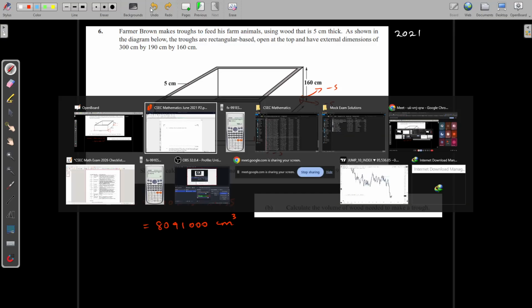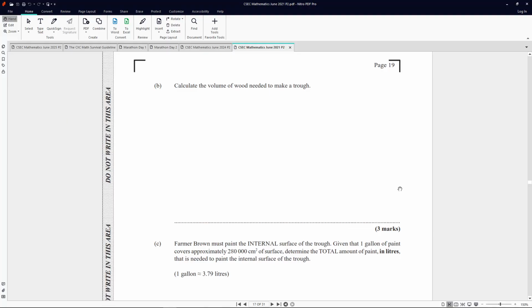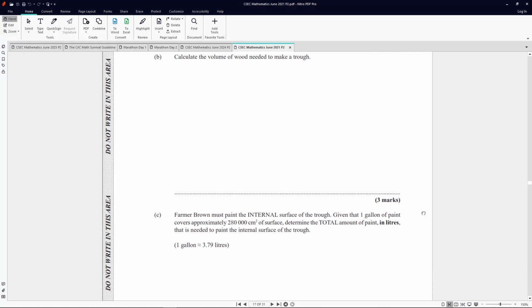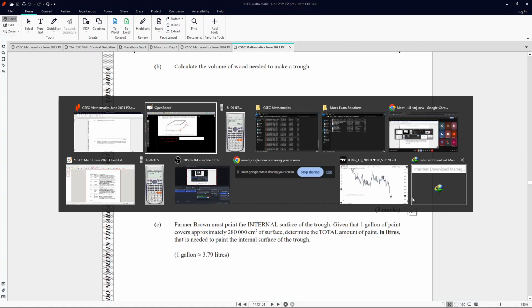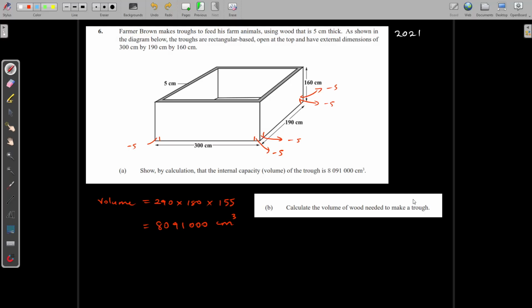see how many marks for this. 3 marks. So volume, right, let's look at this 300 centimeter surface.